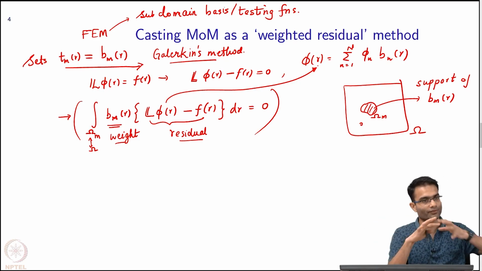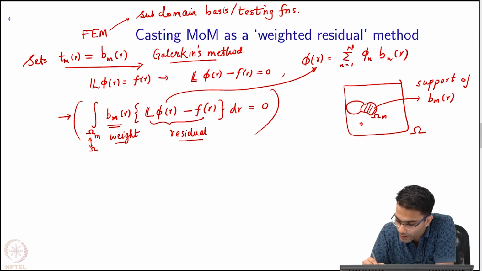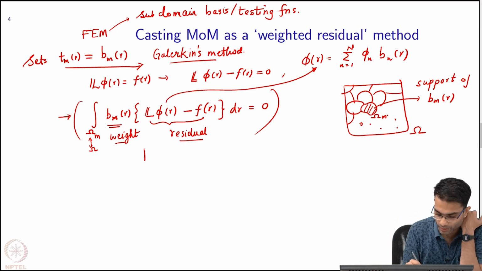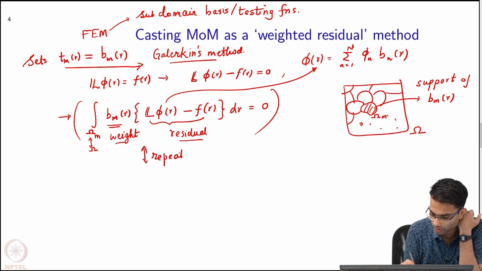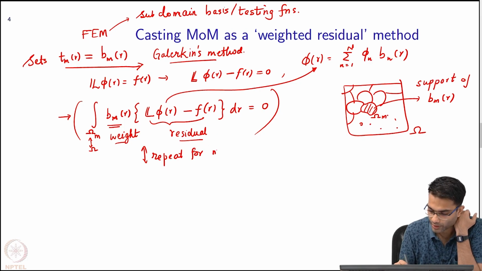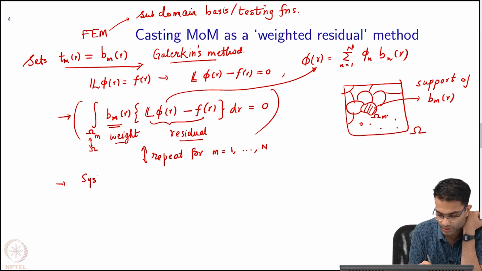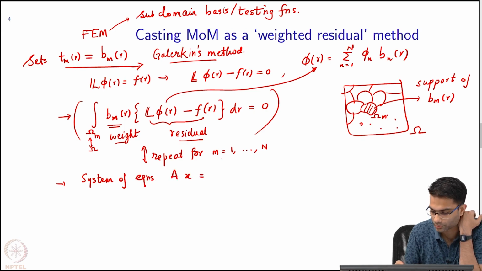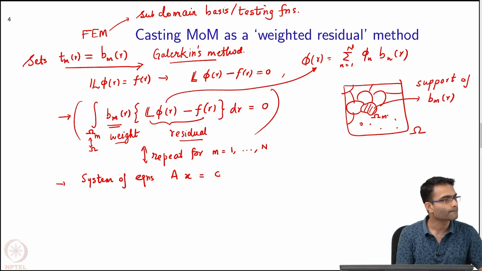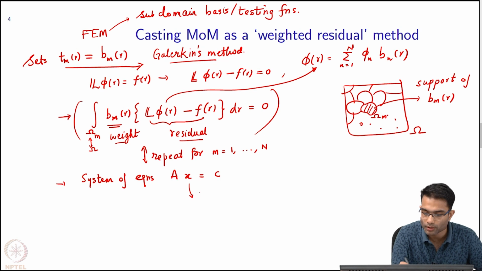So, the basic framework of FEM is: break up your whole domain into such pieces, and repeat for m equal to 1 to n, and you get a system of equations Ax is equal to, we will call it C, okay, where your x is going to be a column vector phi 1, phi 2 all the way up to phi n.